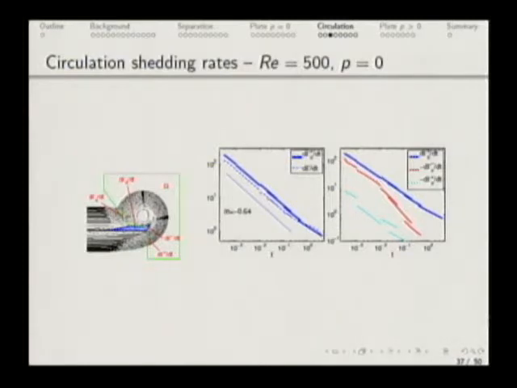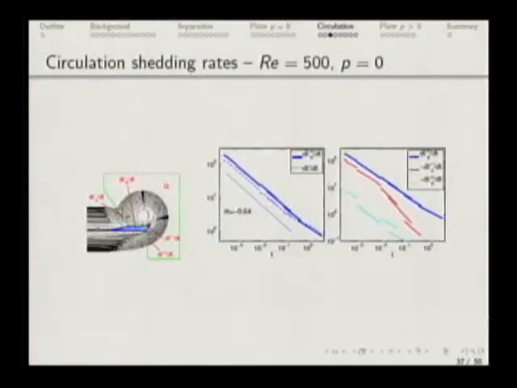Now this plot shows you the dashed line is the same data that I just showed you in the previous slide on the log-log scale. The d gamma plus, the convection of vorticity through here, that's that solid line. There is a definite gap between them. So for d gamma plus, there is definitely more vorticity coming into here than you actually end up with in the vortex.